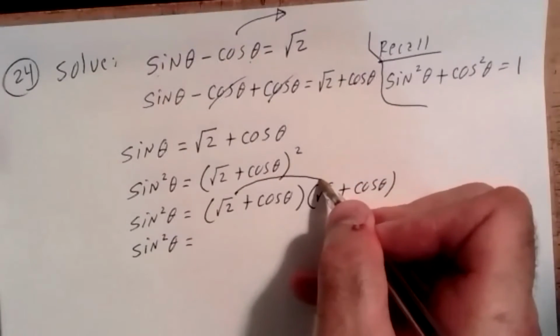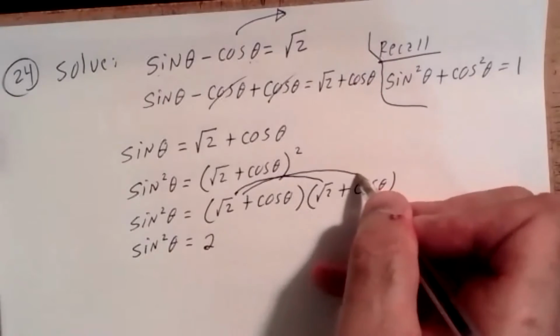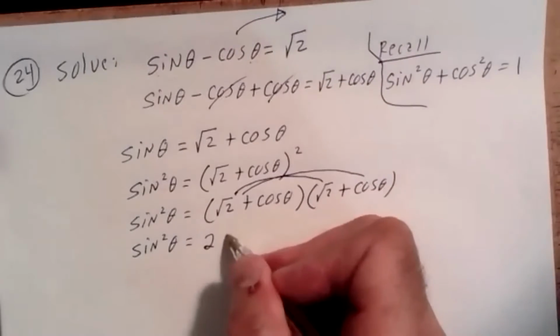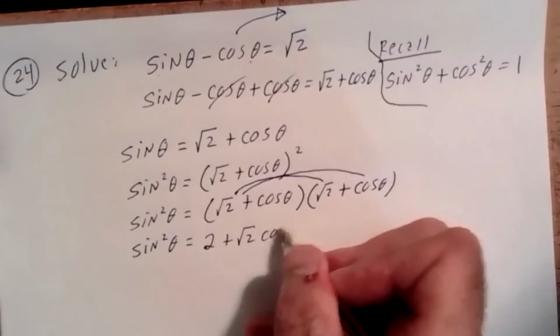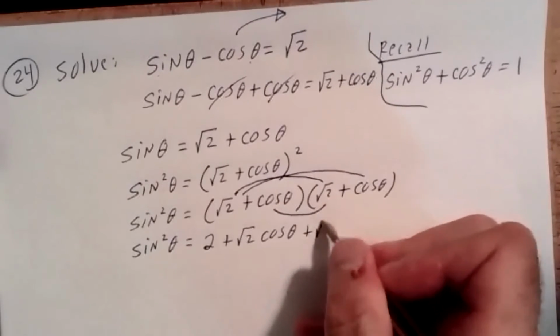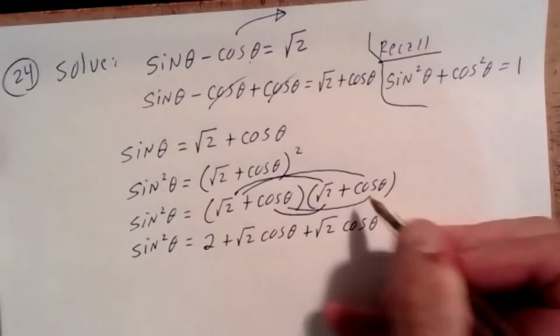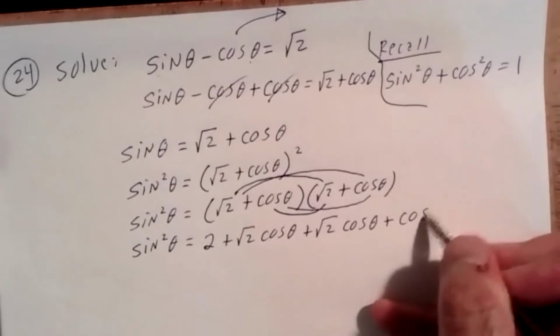Square root of 2 times itself is the square root of 4, but the square root of 4 is 2. Square root of 2 times cosine theta is the square root of 2 cosine theta. Cosine theta times the square root of 2 is another square root of 2 cosine theta. Cosine theta times cosine theta is cosine squared theta.